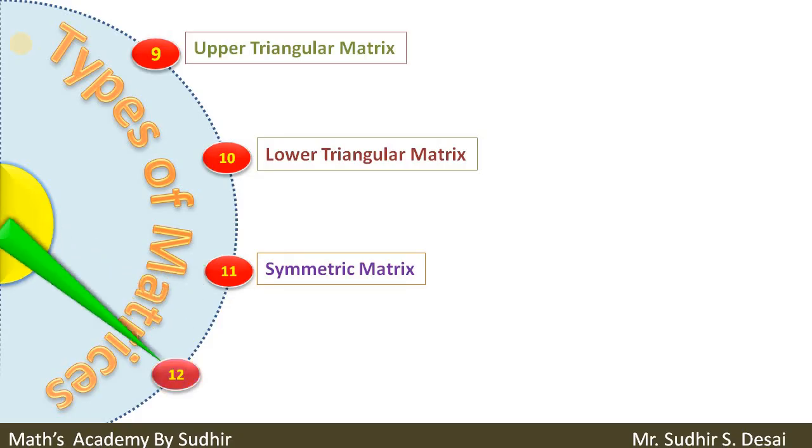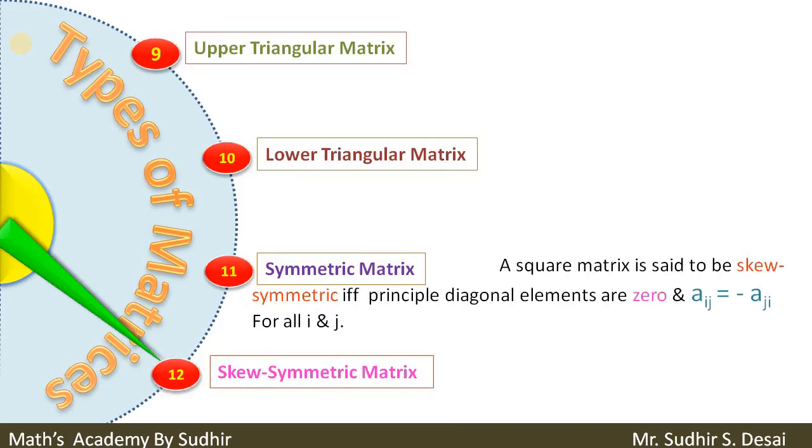Now the last type of matrix is the skew-symmetric matrix. Again, a square matrix is said to be skew-symmetric, check the condition, if and only if principal diagonal elements are 0. For a matrix to be skew-symmetric, principal diagonal elements must be 0.